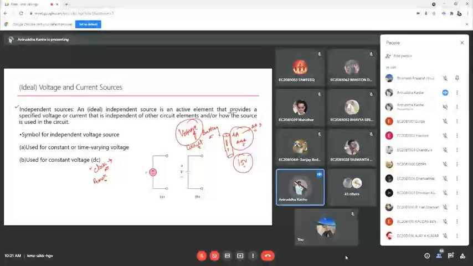Irrespective of the circuit, it has to always maintain a voltage difference between its two terminals, plus and minus, of 1.5 volts. That's very important.